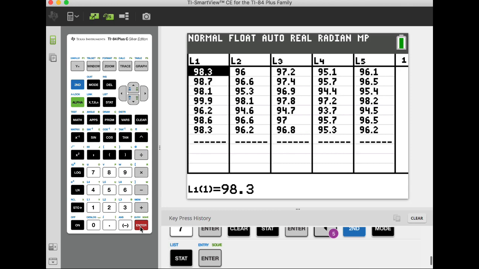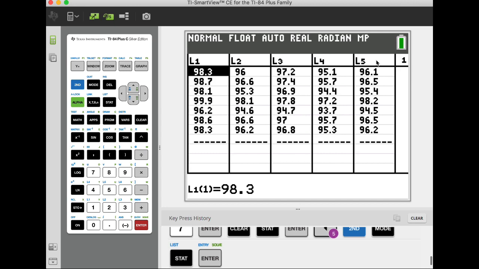So L1, list 1, that's the data that I had all the way before number 1 in our workbook for the placebo, the temperatures for those taking the placebo. Then list 2, that would be the temperatures for those taking aspirin. List 3 is the numbers for Anacin. List 4 is the numbers for Tylenol. And list 5 is the numbers for Bufferin. So I have those 5 columns of data entered in.